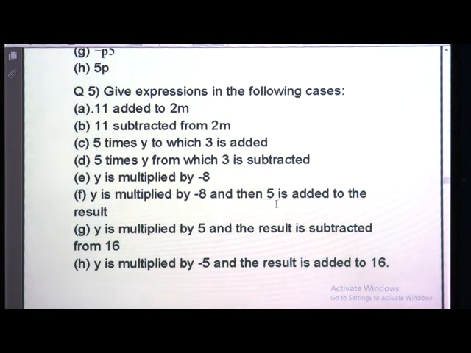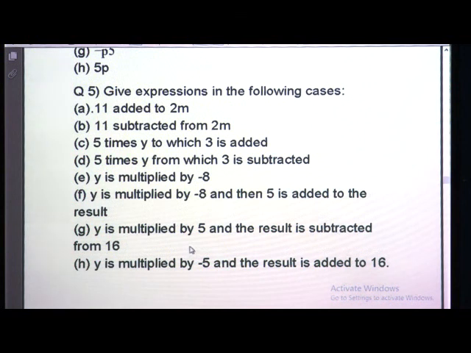Minus 8y plus 5. Students, it is very easy. When the following sentences are given, we need to find the expression. We need to see thoroughly the sentence. So first it is multiplication, so minus 8y and then what is added? 5 is added to it. So the expression becomes minus 8y plus 5.